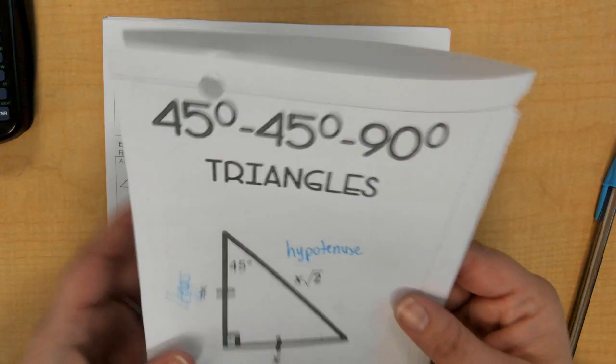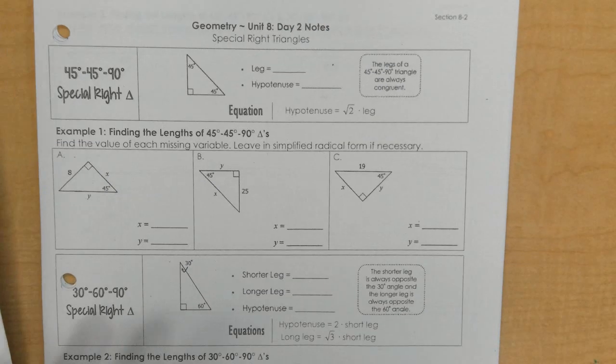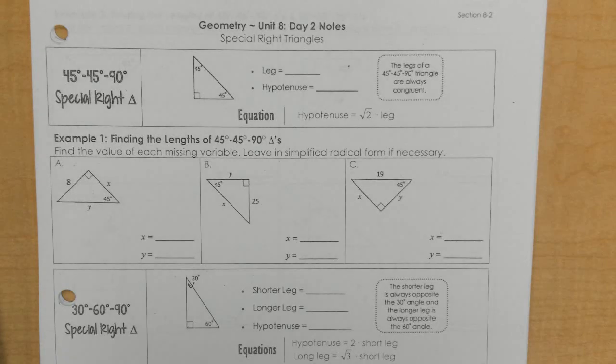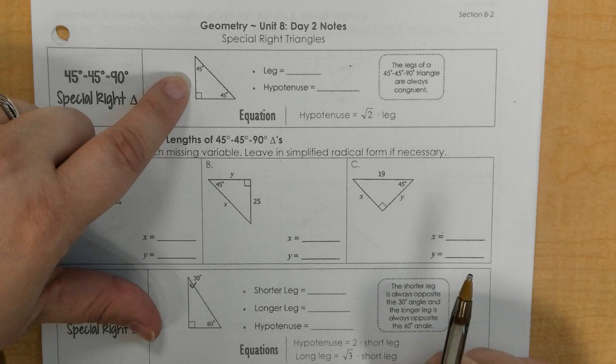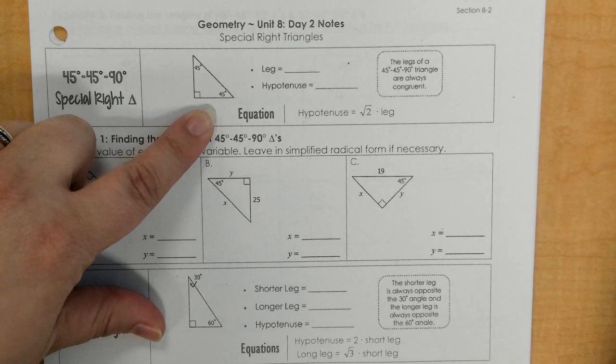Okay? So the first part we're going to talk about are 45, 45, 90s. And so on the notes for those, we're just going to label what each thing is. So here are your legs, and those are x's.